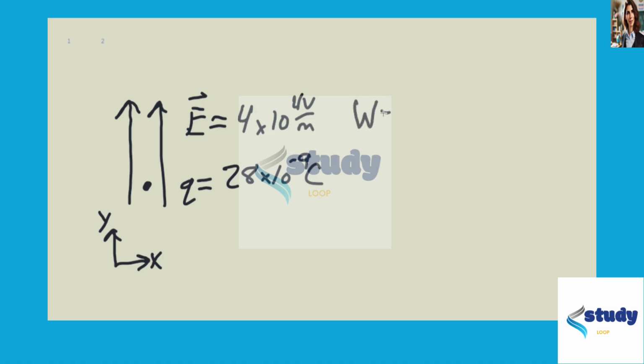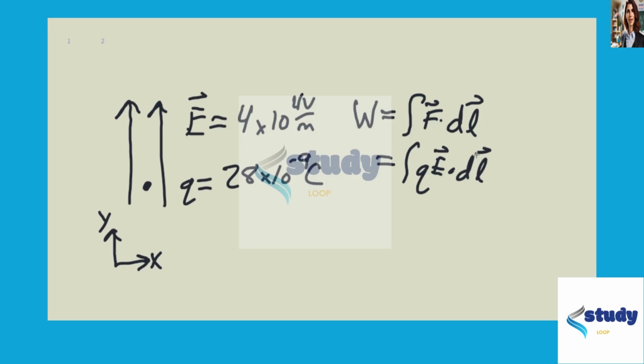So, if you remember, work is equal to the integral of force dot dl, and since we have an electric field here, that force is just replaced by Q times the electric field dotted with dl. Now our charge is a constant, our electric field is a constant, so we can pull out both of those constants and do this integral.